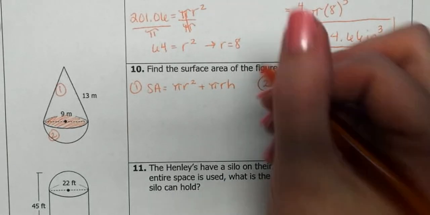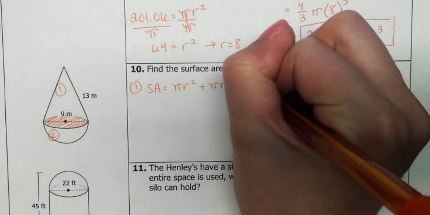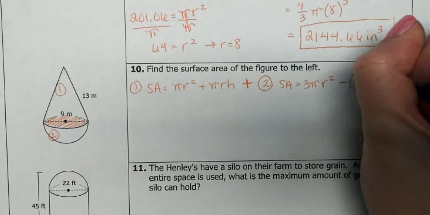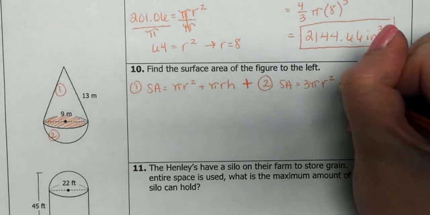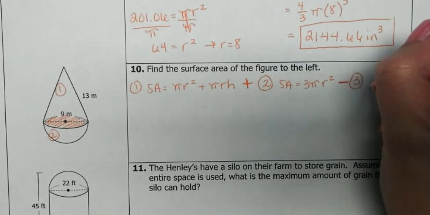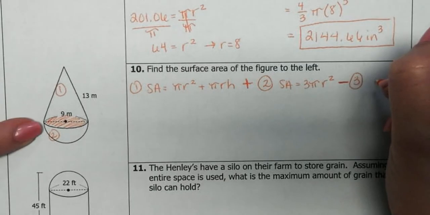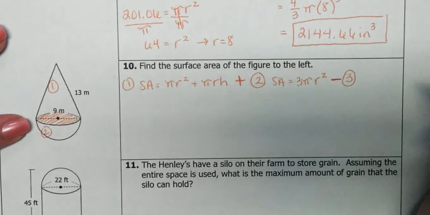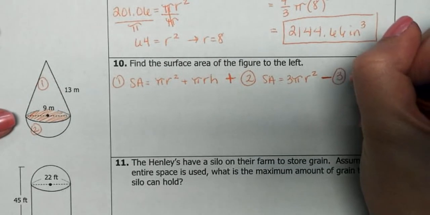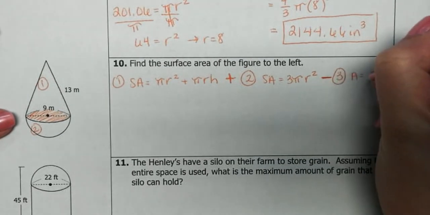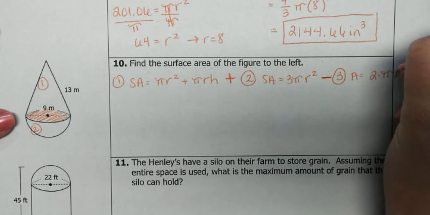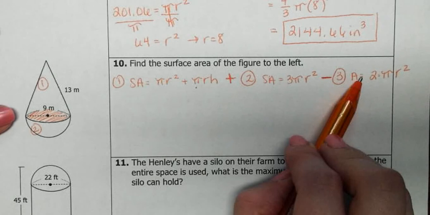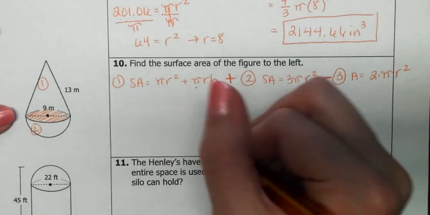So you want to add these two together, yes, but then the last step, step 3, is to subtract the area of this circle twice, because you have calculated it here and here. So you're going to multiply it by 2 times pi r squared. Add these two, subtract this one to get your total surface area.